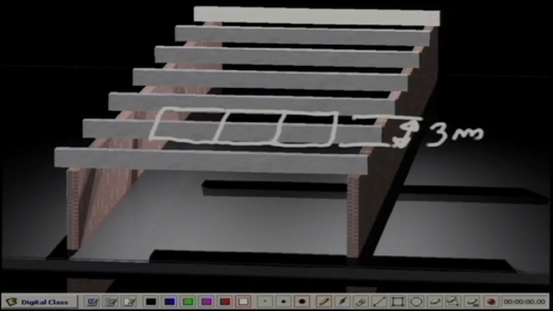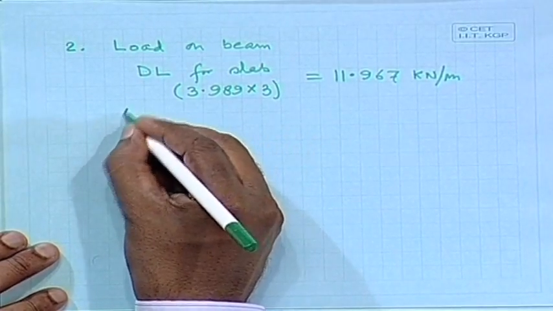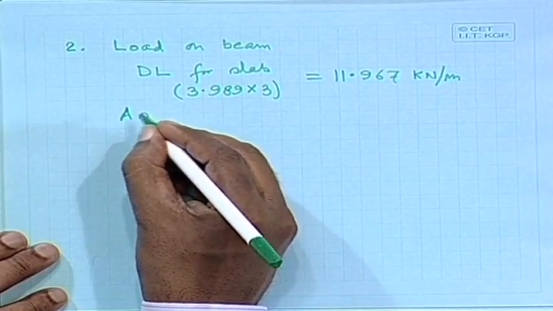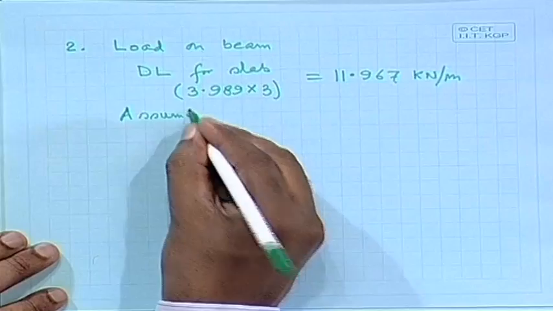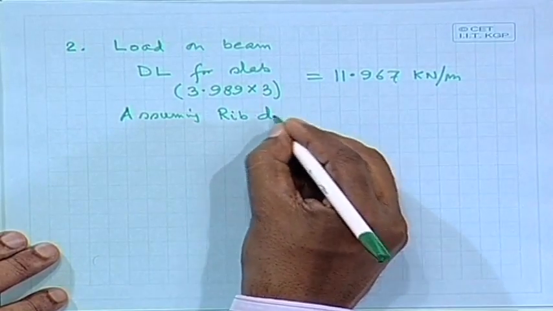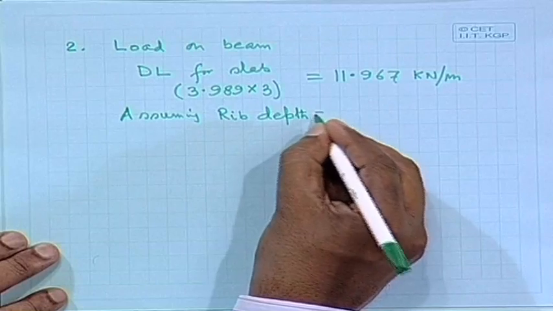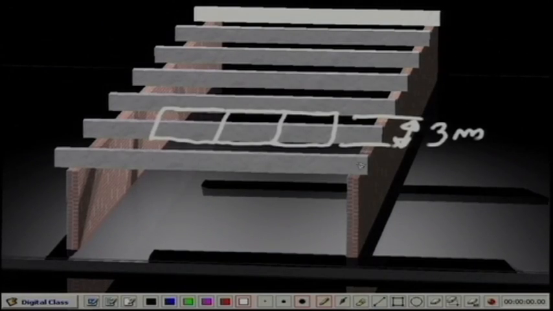Similarly, for the live load, but before that, I have already assumed, already given of course, the rib depth. But for the last beam, it will be only this side, half of that, that means 1.5.